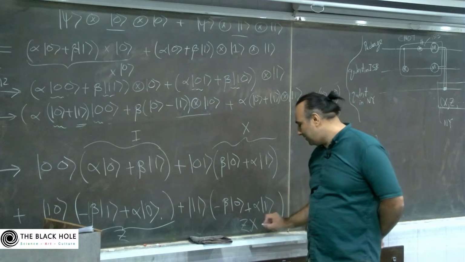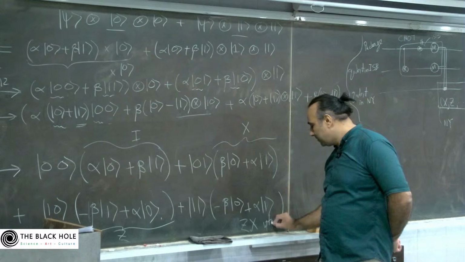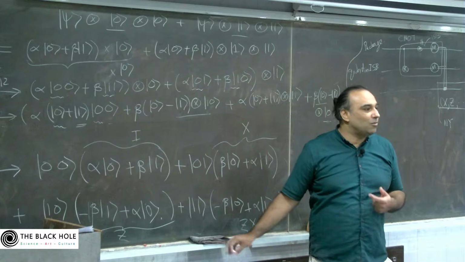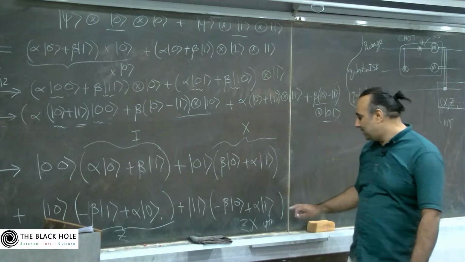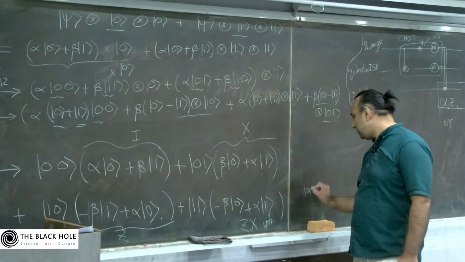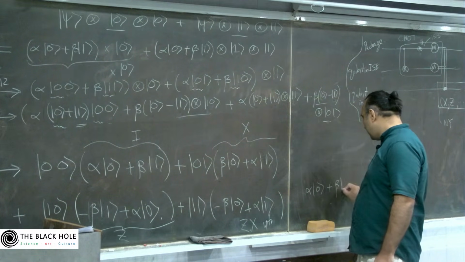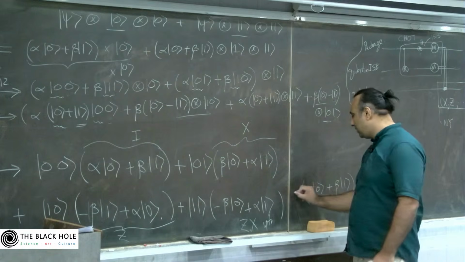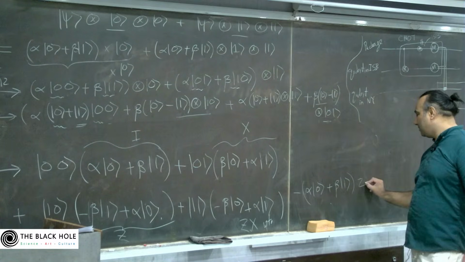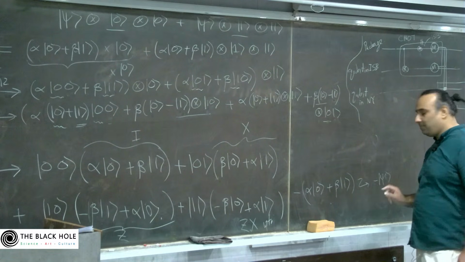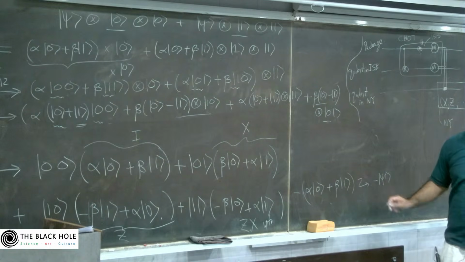Here it is up to sign. It's a global phase. So if you do these operations, then you would get alpha 0 plus beta 1 with a minus, which is minus the original state. So this is a global phase.